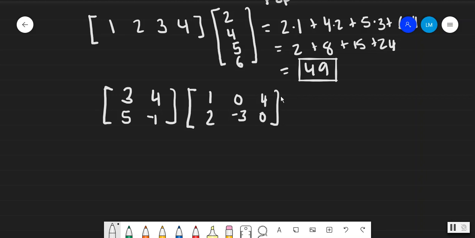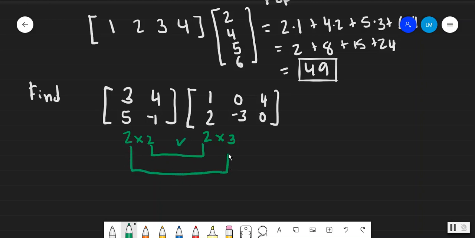Now, the main thing that you need to realize is that the inner dimensions must match. So we have that this is a 2 by 2, this is a 2 by 3, but notice that the inner dimensions are the same, and the output is going to be a 2 by 3. So how do we do this?